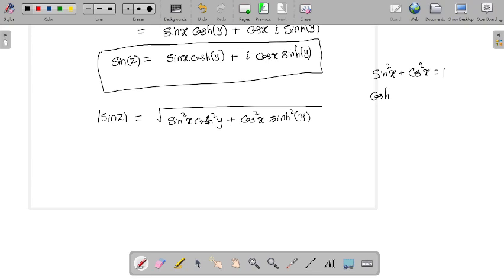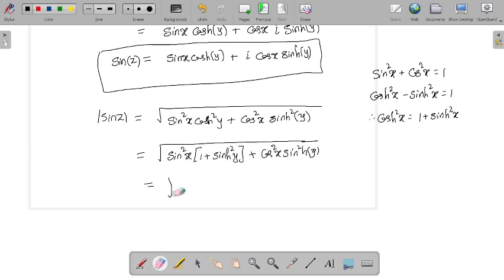When I do that, this will become sin square x, and cosh square y can be replaced with 1 plus sinh square y, plus you have cos square x into sinh square y. Now sinh square y is common here and here, so you can take it out.